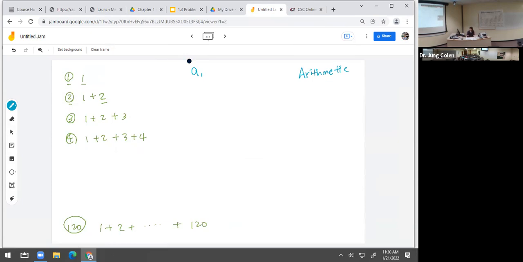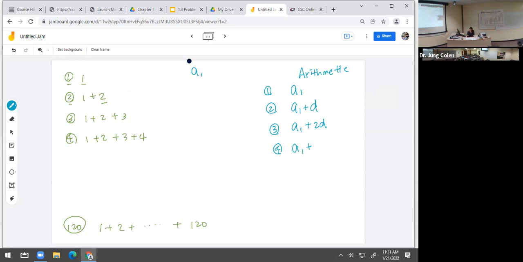So arithmetic sequence is when you have a first term and you keep adding the same number to the previous one. So, you know, the third term will be 2D because you're adding D more to that, and so on and so on. So this is the first term, this is the second term, this is the third term, and the fourth term will be D more than the third one.